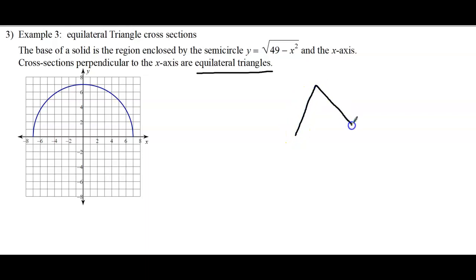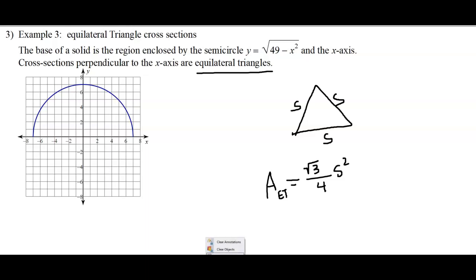An equilateral triangle is a triangle with 3 equal sides, which we'll call S. Now, the formula for finding the area of an equilateral triangle is radical 3 over 4 S squared. That's how you find the area of an equilateral triangle. That's going to come in handy for our next problem here.